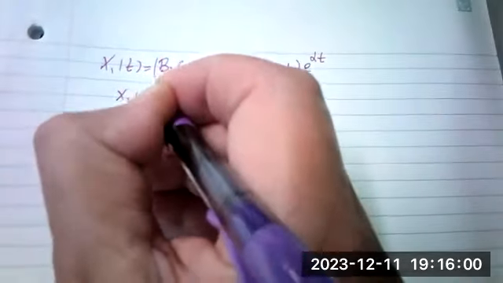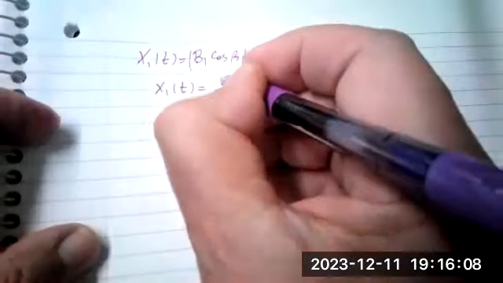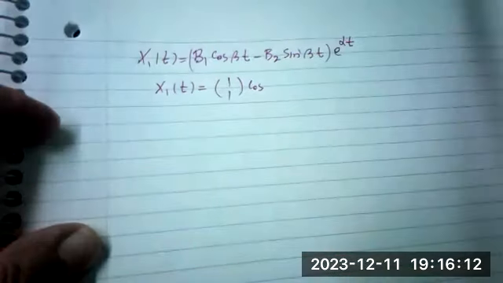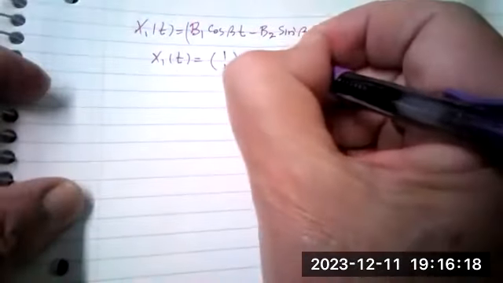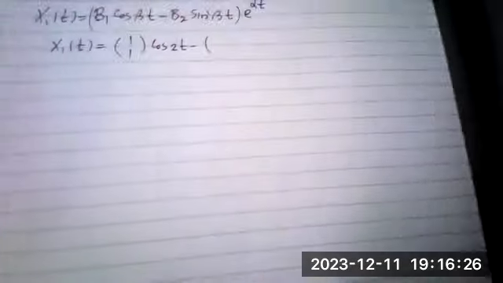So x1 of t is going to be equal to b1, because b1 is (1, 1). So it's going to be (1, 1) cosine of, beta was 2, so that gives you 2t, minus b2. b2 is (0, -2).